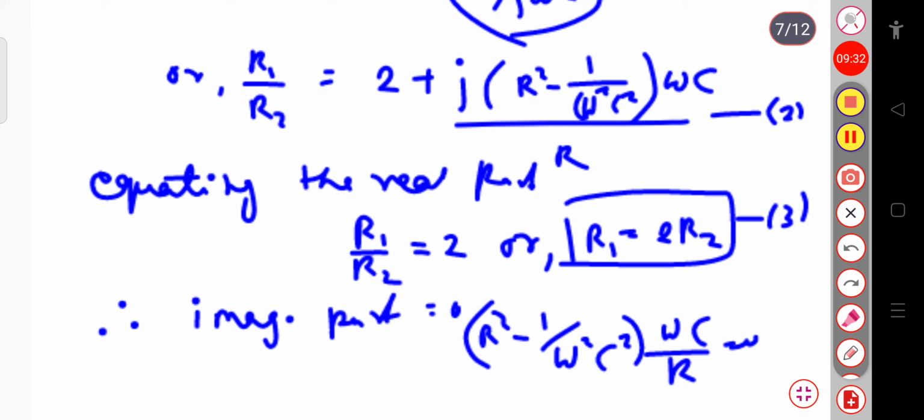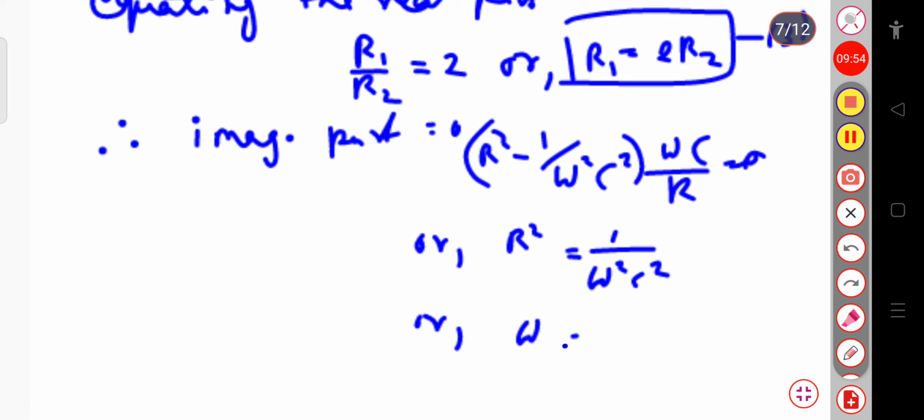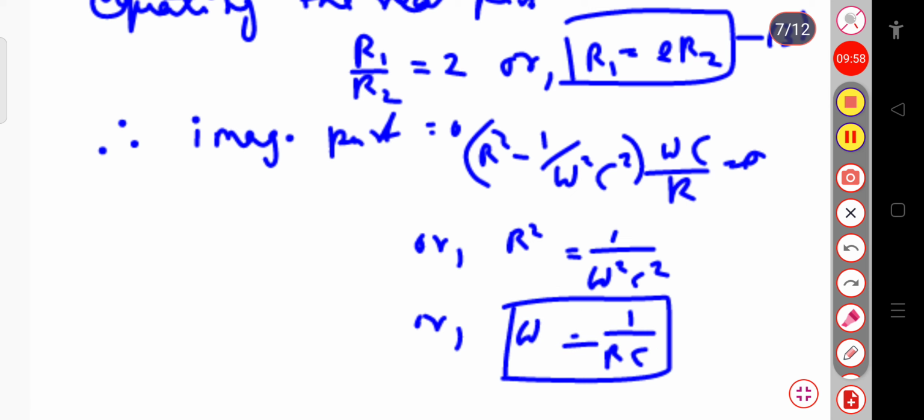Since R square minus 1 by omega square c square whole into omega c by R equals 0, simply we can consider this bracket term will be equal to 0, or we can write R square will be equal to 1 by omega square c square. Taking the square root, we will get omega will be equal to 1 by RC. This is suppose equation number 4.